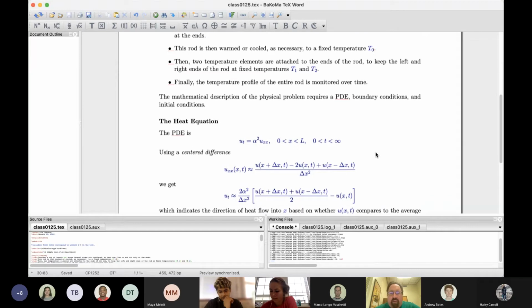Now, one way to give a physical interpretation of this PDE is actually by using an approximation to the second derivative. Now, here I'm approximating a second derivative by a center difference. Unless you've taken one of my numerical analysis classes, you may not have seen this center difference before.